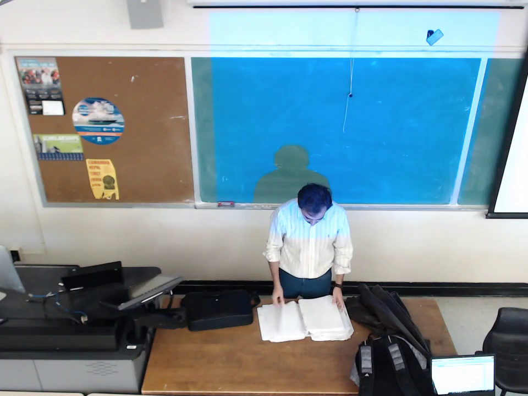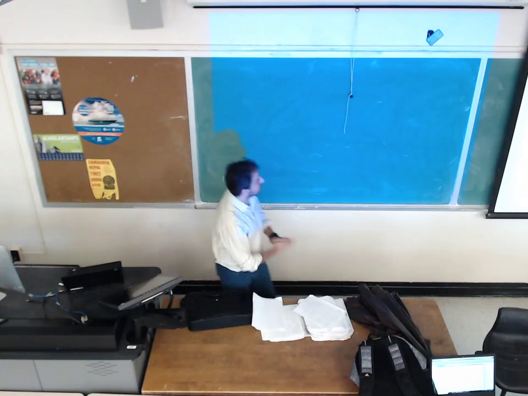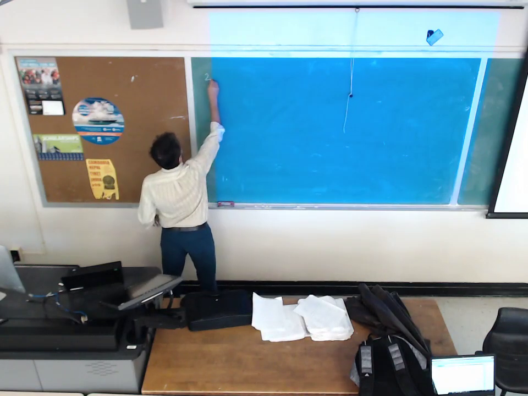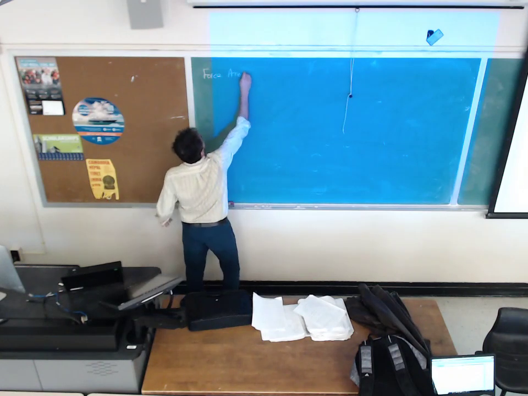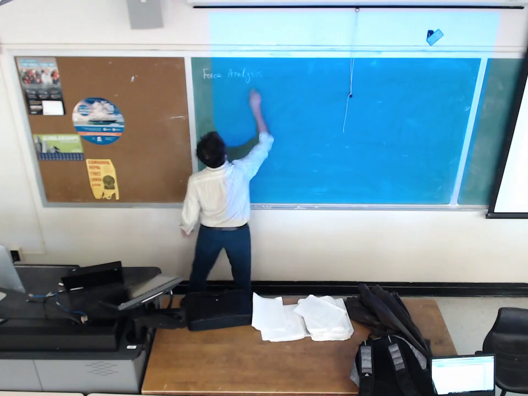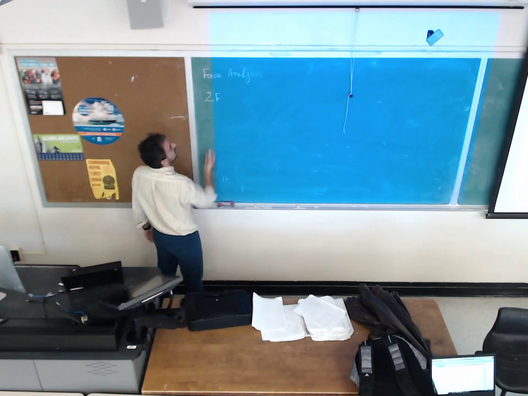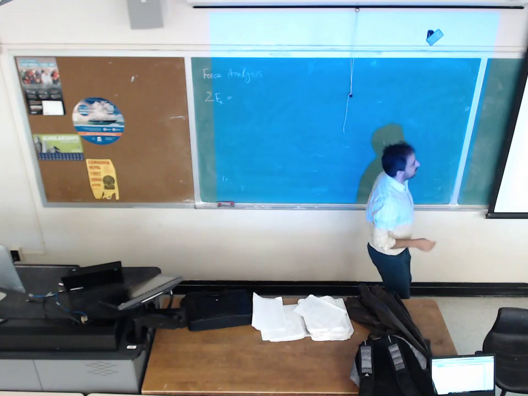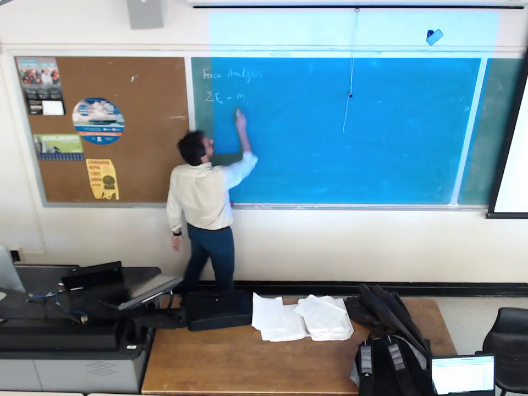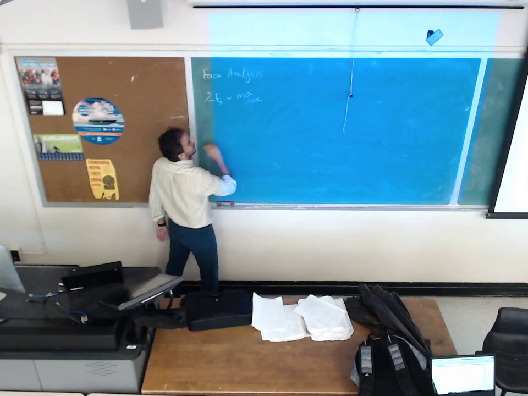One, force in X direction: summation of the force in X direction, according to Newton's second law, should be the mass of the rigid body times the acceleration of center of gravity in X direction.